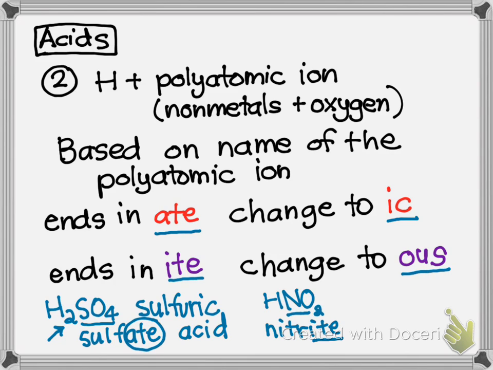So it is nitrous acid. Again, there's no hydro in these because these are all based on the polyatomic ion. Now, why does the nitrous acid only have 1 hydrogen? Because NO2 has a -1, and hydrogen's a +1, so it only takes 1 hydrogen.